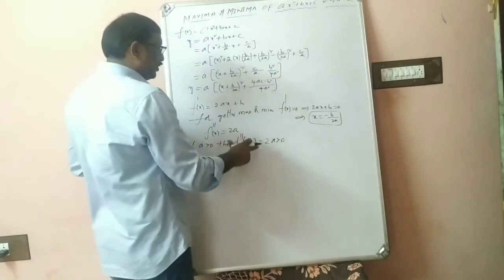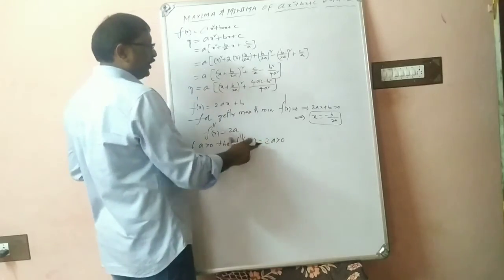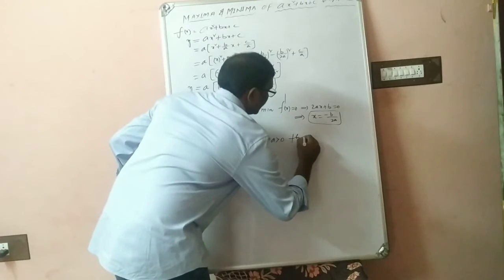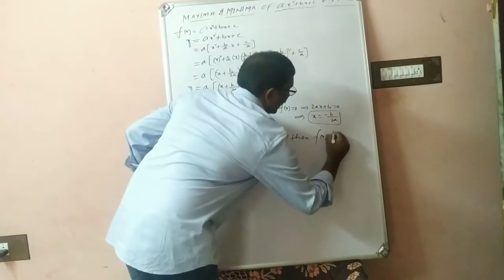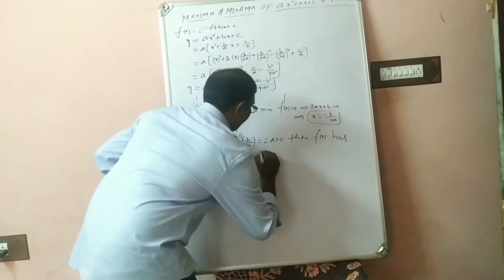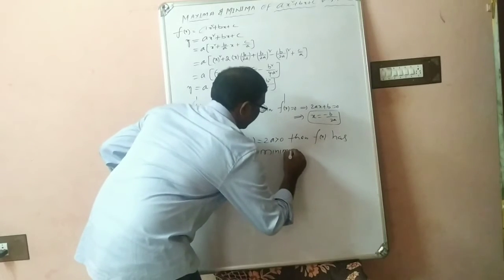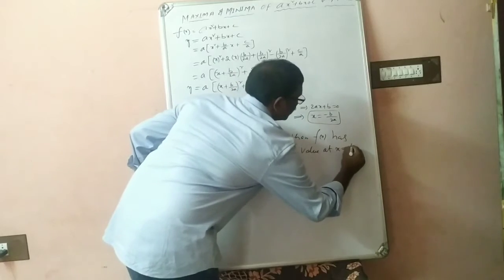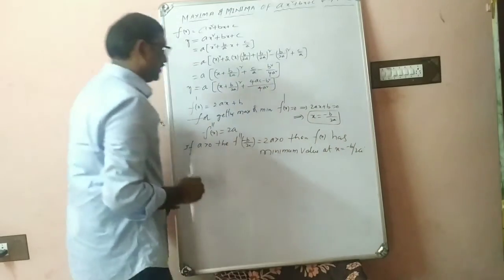When f double dash of x is positive at a particular point, then the given function has a minimum. Then f of x has a minimum value at x is equal to minus b by 2a.